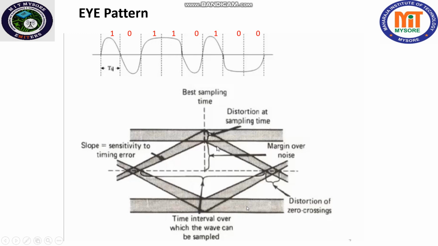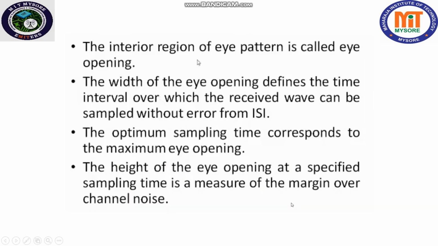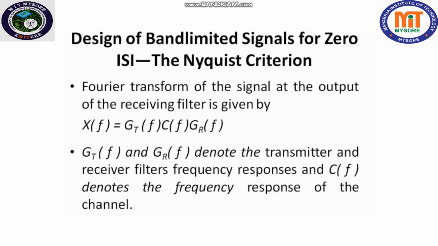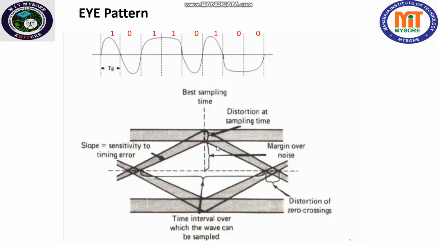Okay, this is timing jitter. So what you can understand from the eye diagram is we can get different parameters. Using these parameters, we can decide how much intersymbol interference is there and what is the condition of the received signal, and thereby we can take corrective actions. Okay.